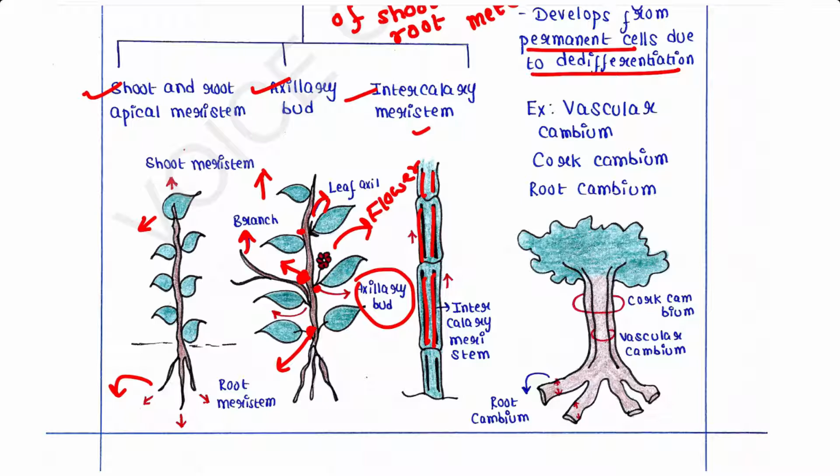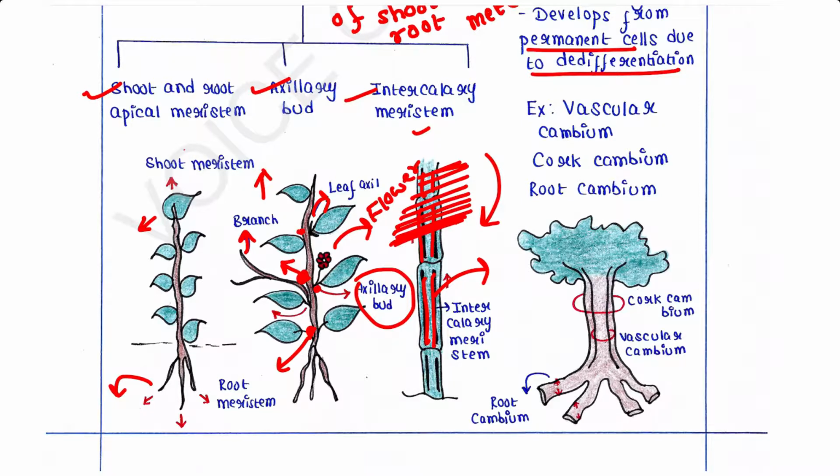When grazing herbivores such as cows, goats eat grasses, these intercalary meristem regenerate those removed parts and help plants grow. So, suppose a cow is coming like that and it eats this upper part. So, the intercalary meristem that is present here will help the plant to grow again.